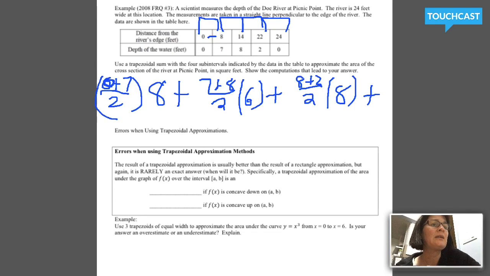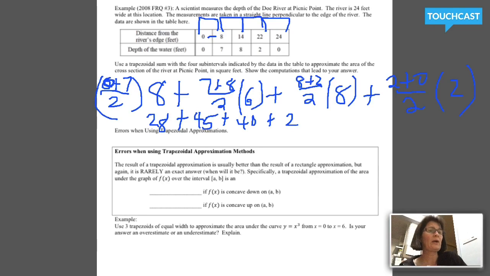My fourth trapezoid, the 2 heights are 2 and 0, which makes it a triangle, not a trapezoid, but that's okay, this still works. And I'm going to take their average and multiply by the distance across that trapezoid, from 22 to 24, which is a distance change of 2. Okay, you have no obligation on the AP test to simplify further than that.